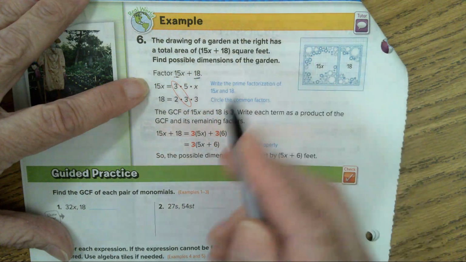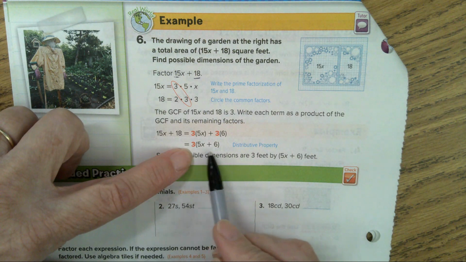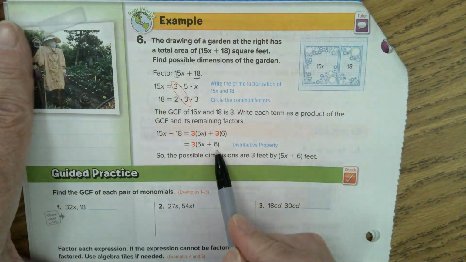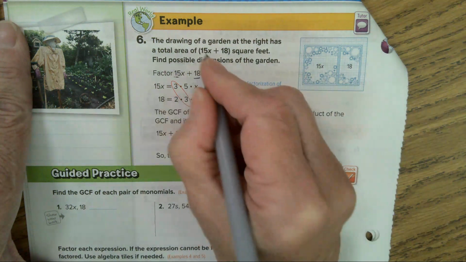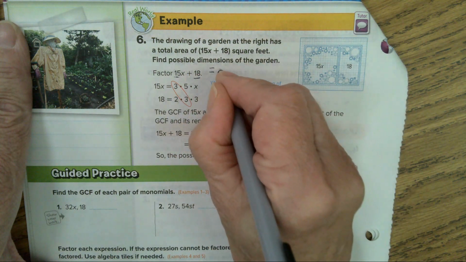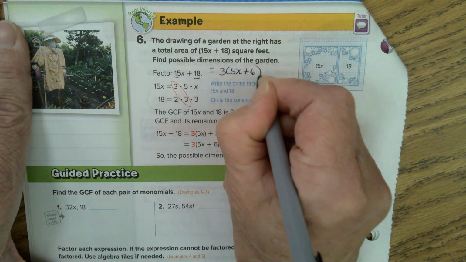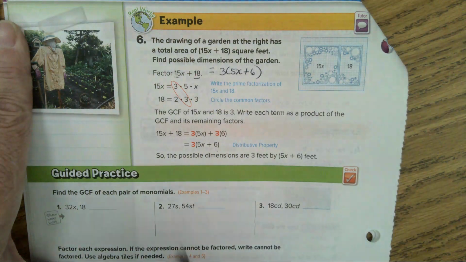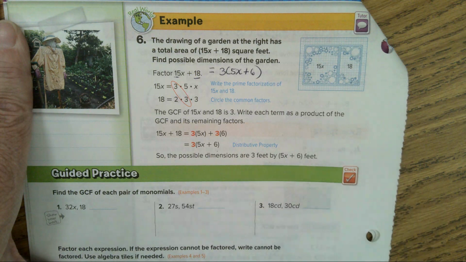A 3. So then you have 3 times 5x plus 6. Do you see how they got that? This equals 3 times 5x plus 6. So the possible dimensions are 3 feet by 5x plus 6.